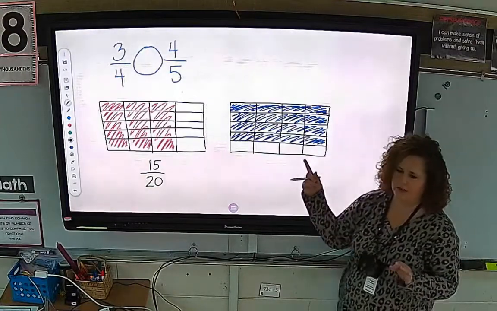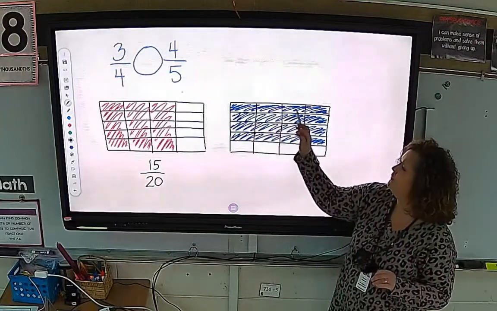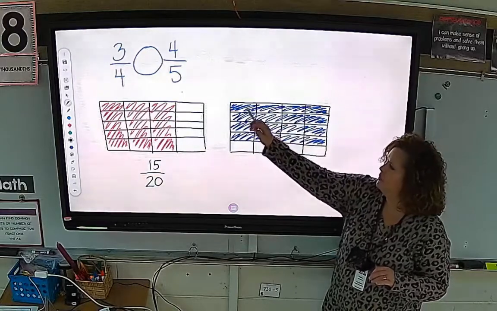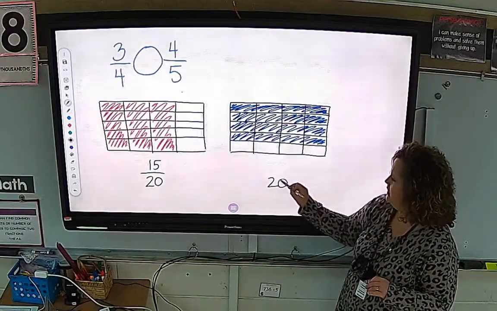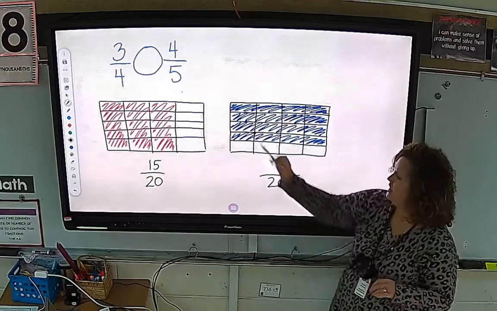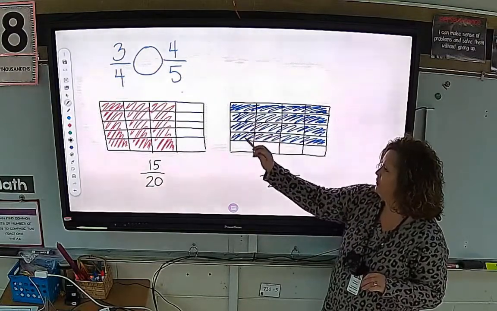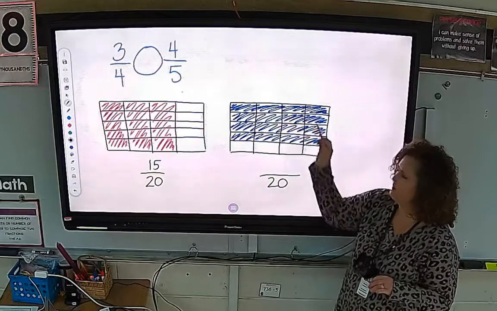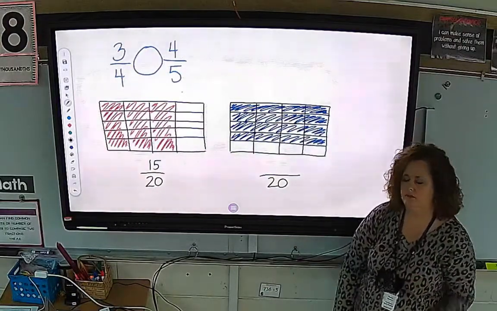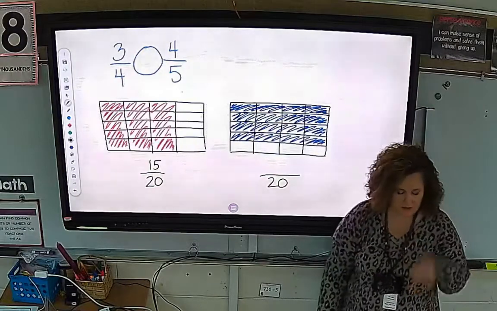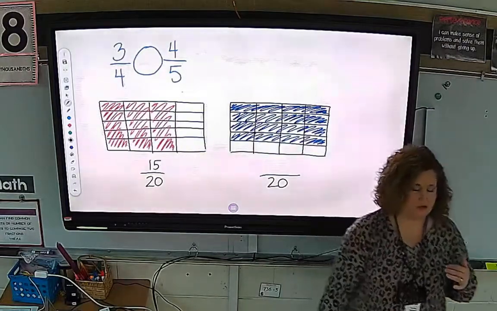Let's see what our new fraction is over here. We've got 1, 2, 3, 4 times 1, 2, 3, 4, 5. How many are shaded? 1, 2, 3, 4 times 1, 2, 3, 4. What's 4 times 4? Oh, excuse me. I think I heard some difficulty answering that question.